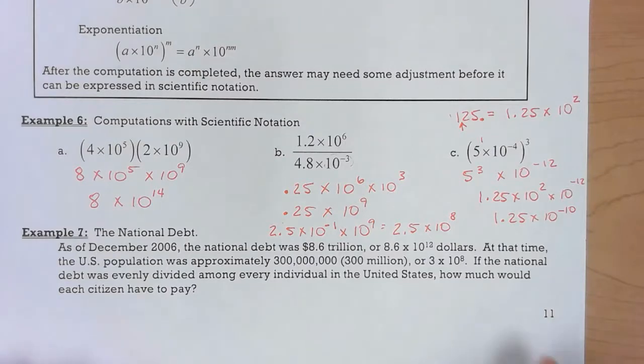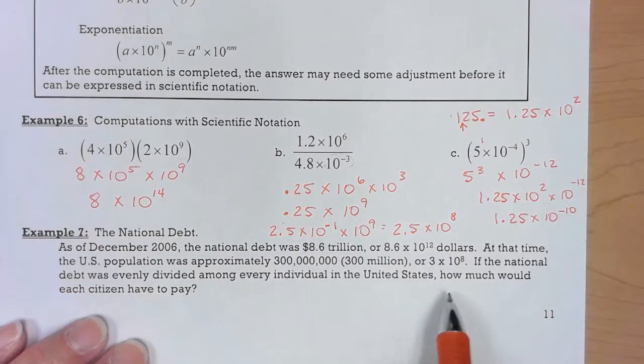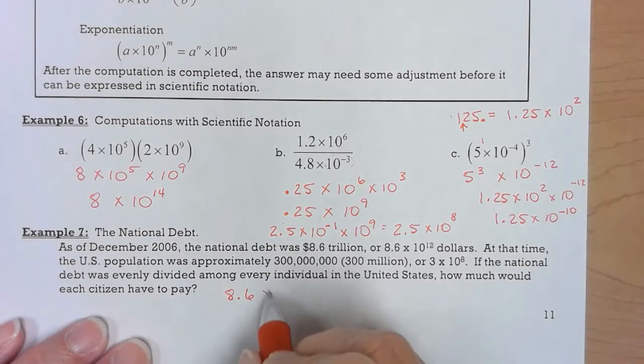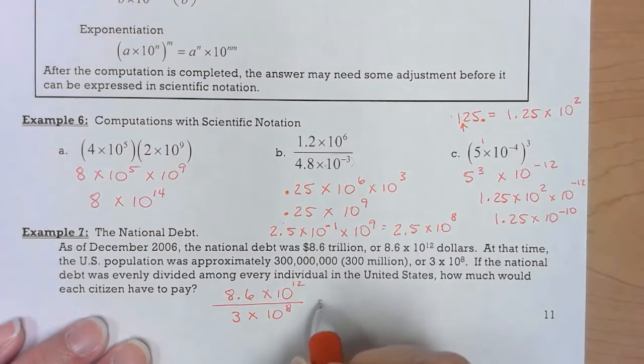If the national debt was evenly divided among every individual, including little tiny people, in the United States, how much would each citizen have to pay? So I've got to divide. So 8.6 times 10 to the 12th divided by 3 times 10 to the 8th.